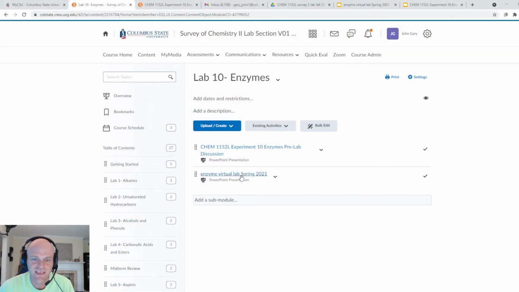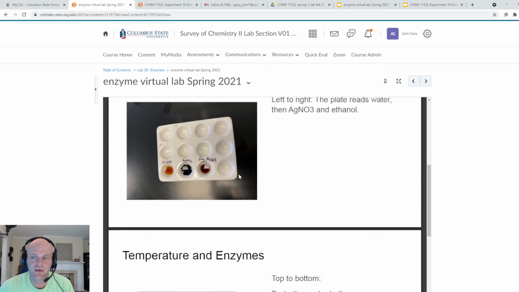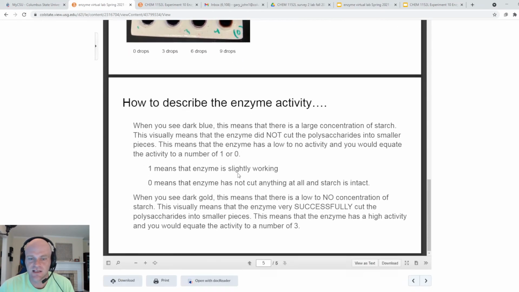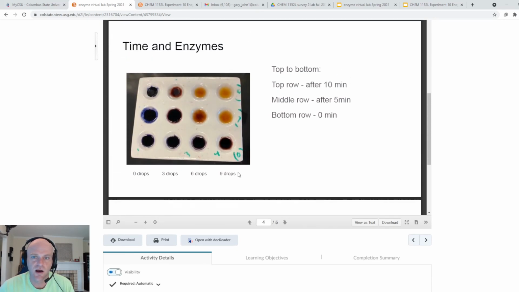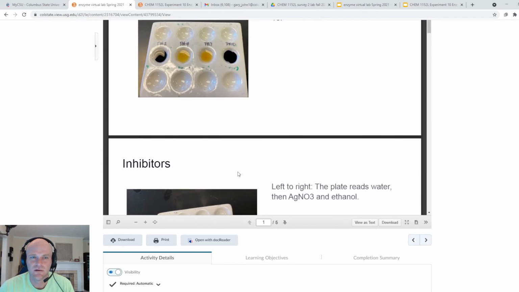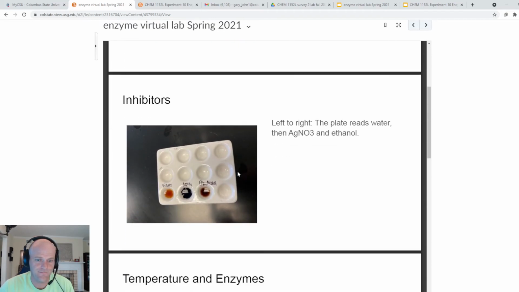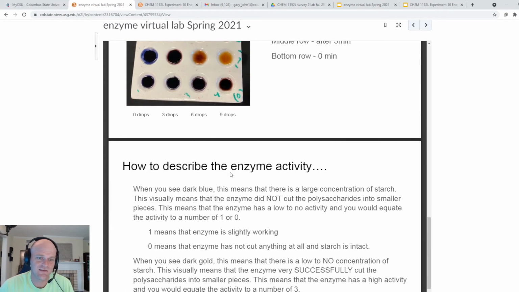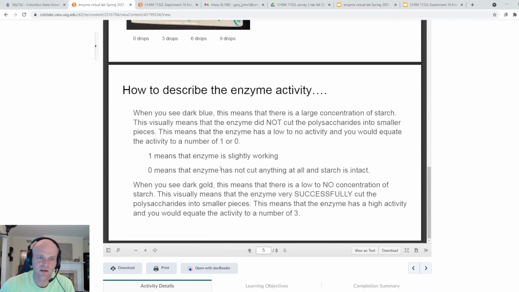Now, the only note I want to make about what you'll see here in Cougar View is these slides are upside down. I didn't realize it till it was too late, but I would start from the bottom and go up like this. Even that doesn't work perfectly.